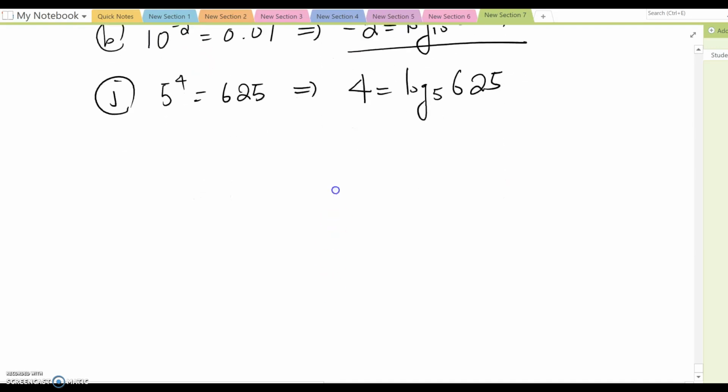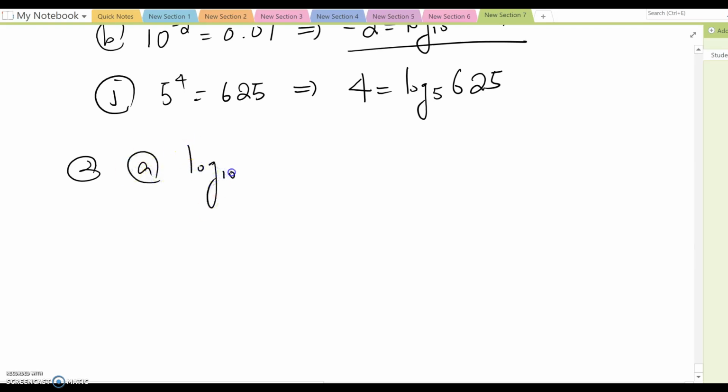Then what about number 2? Write each of the following equations in exponential form. So look at a here. Log base 10 of 100 equals 2. Same thing. If you can switch from exponential form to logarithm form, then you can also do vice versa. So moving 10 to the other side and leaving 100 alone here, then 100 equals 10 squared.